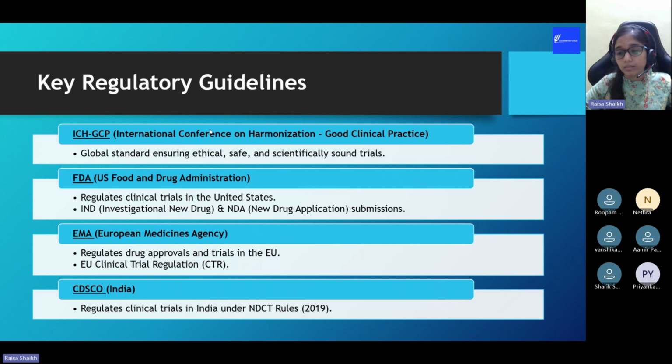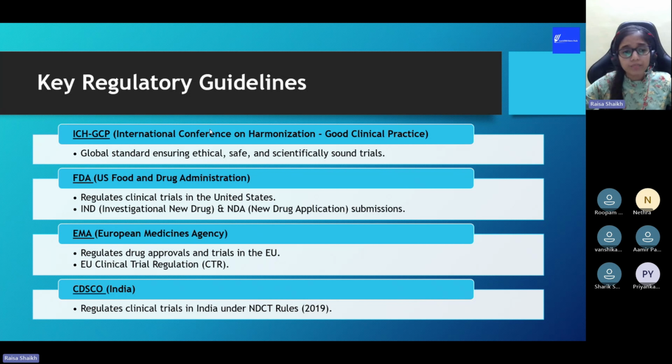As a writer, ICH E3 is the guideline to write a clinical study report. It has the exact template of what is mandatory in a clinical study report, with a TOC, so you will get an exact idea of what you're supposed to write. Even though writing clinical trial documents is a difficult task, it is not difficult to learn, as long as you are interested and ready to spend some time upskilling yourself.